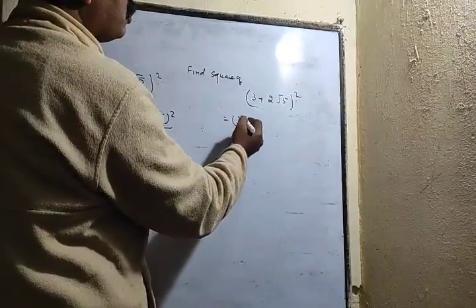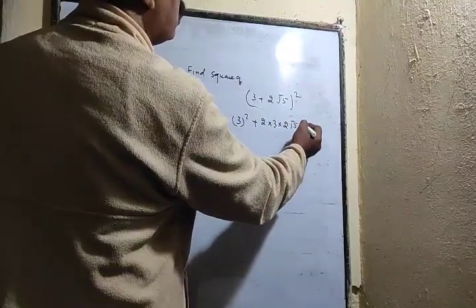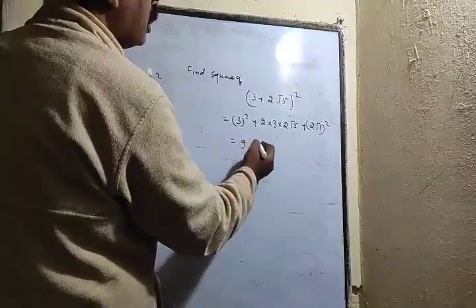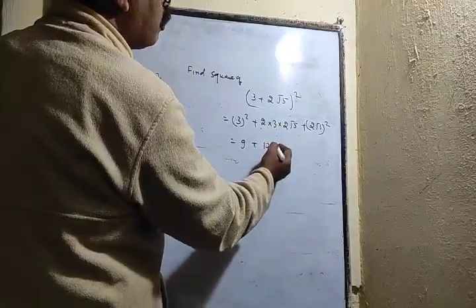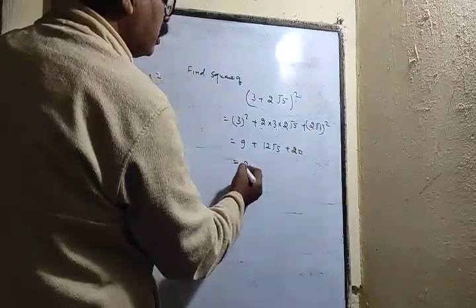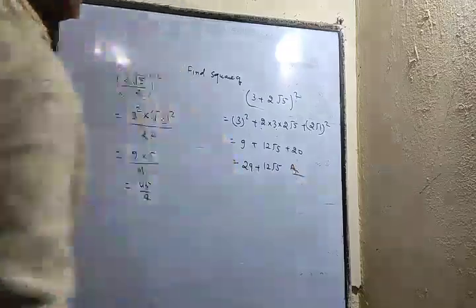So it will be first term square plus 2 into first term into second term plus second term whole square. So 3 square is 9, 2 into 3 is 6, into 2 is 12 root 5, and 2 square is 4, into 5 is 20. So 20 plus 9 is 29 plus 12 root 5. That will be your answer.